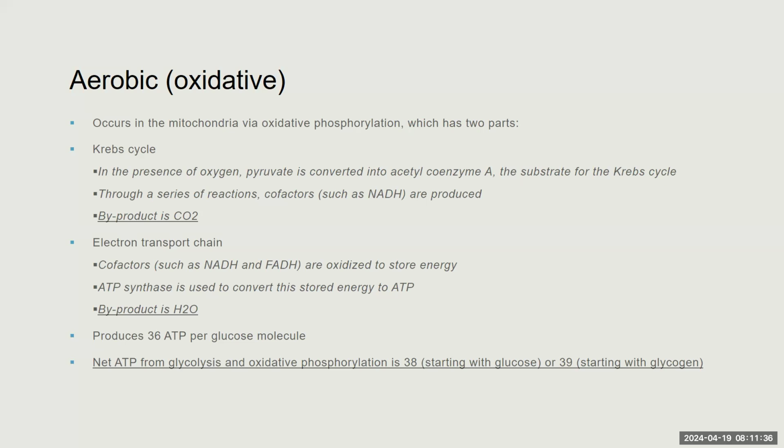The byproduct of the Krebs cycle is CO2. Then after that, you go through the electron transport chain. Cofactors such as NADH and FADH are oxidized to store energy, and ATP synthase is used to convert this stored energy into ATP. The byproduct of this is water. So those are things to know.